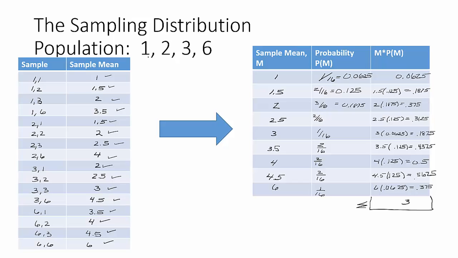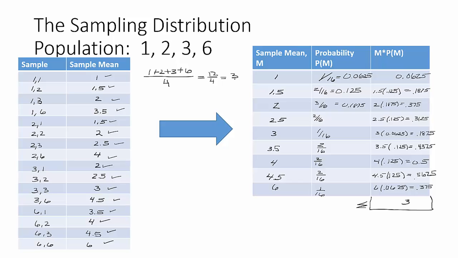If we're going to take the mean of it, we'll take 1 plus 2 plus 3 plus 6. Divide that by 4 because there are 4 pieces of data, so this would be 9, 10, 11, 12 over 4, which is indeed 3.